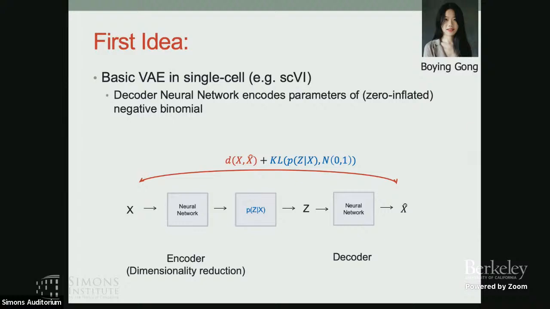So using ideas of variational autoencoders, for example, scVI, which was created by Nir Yosef's group and others here at Berkeley, using variational autoencoders to try to take, for example, just one data set to estimate these latent variables.